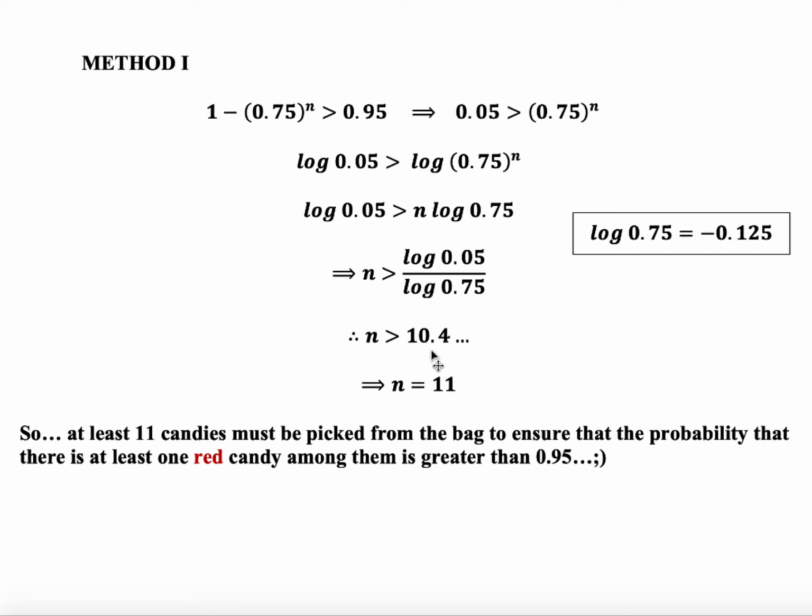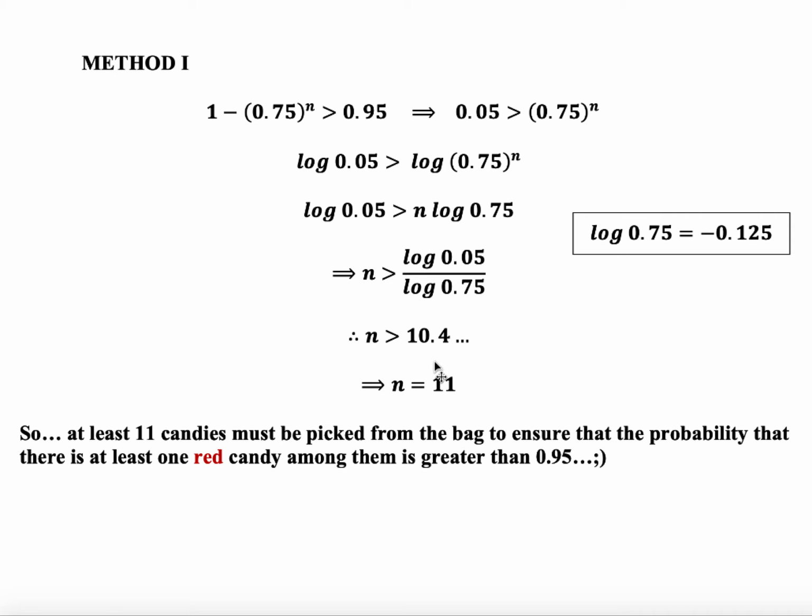So you have to be at least up to 10.4 draws or picks from the bag, which means you've got to round up to 11. So that n of 11 is saying that at least 11 candies must be picked from the bag to ensure that the likelihood that there is at least one red candy among them is greater than 0.95, what we're actually being asked.